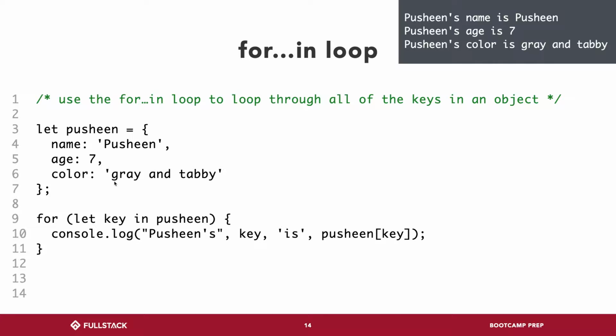I don't understand this line. More specifically, I don't understand what Pusheen at key is calling exactly. It's not calling anything. Pusheen is an object, right? Pusheen bracket key.